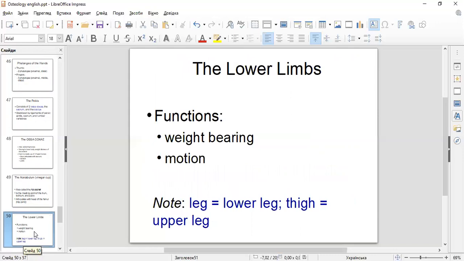The lower limbs function in weight-bearing motion. The lower limb consists of leg and thigh and feet.